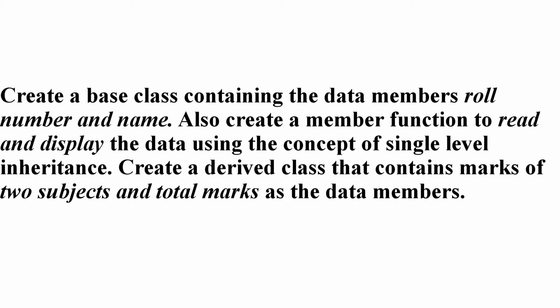The base class consists of roll number and name and functions to read and display the data. By using the concept of inheritance, we should implement a derived class consisting of marks of two subjects and total. We should read and display even the data that is there in the derived class. Let us see in Turbo C++ how to implement the program.